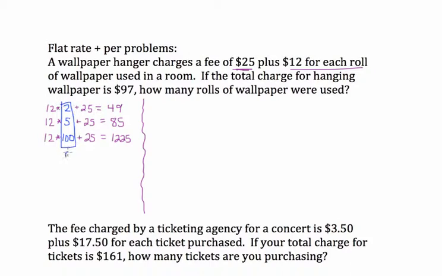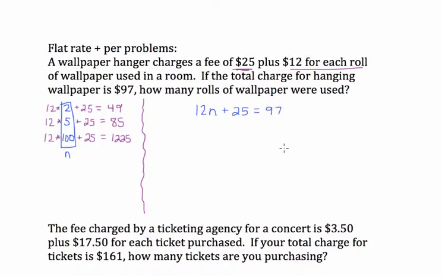So let's call that n. So our equation is going to look like this. To find the cost, you take 12 times the number of rolls of wallpaper that you used and add on 25, and that will give you your total price. Well, our price that we're curious about is $97.